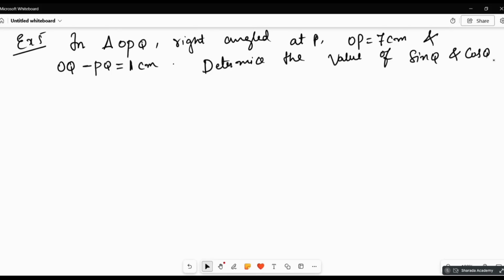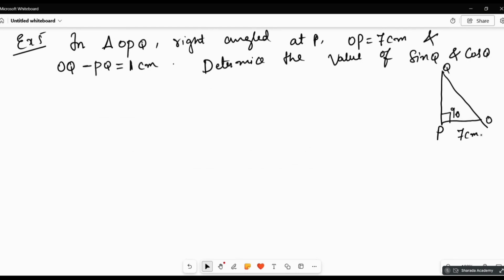Okay. So right angled at P. OPQ right angled at P. Angle P is equal to 90 degrees. Okay. And we have this is O and this is Q. Now they have given OP is equal to 7 centimeter.